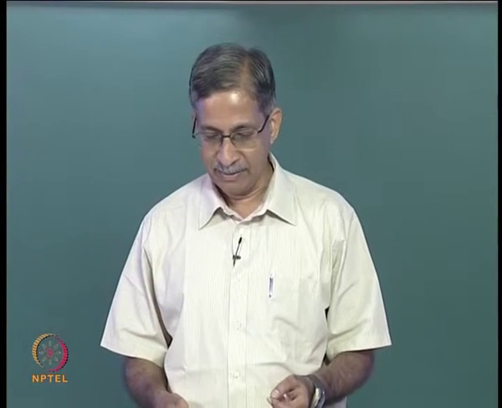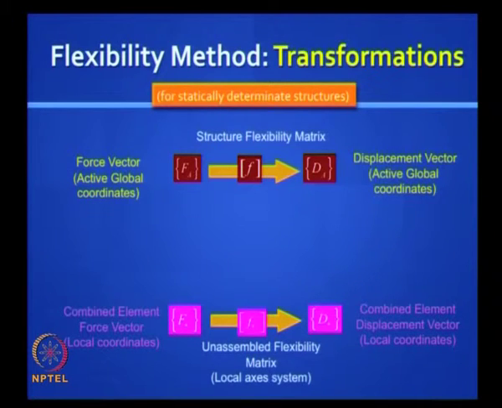So the flexibility matrix F, when you pre-multiply to the force vector F, will give you the displacement vector D, right. So these are the two flexibility matrices, one is at the element level, the other is at the structure level.